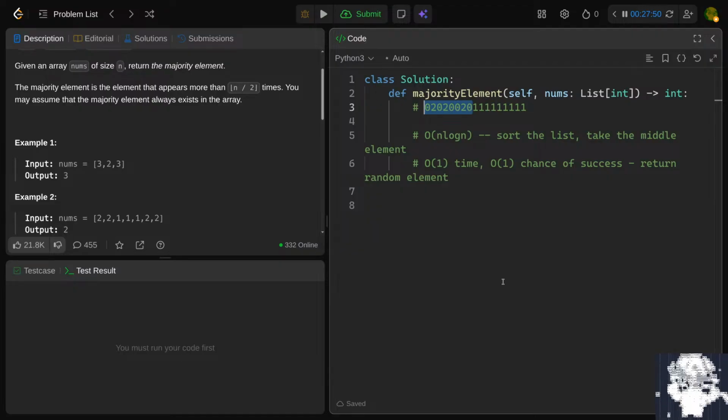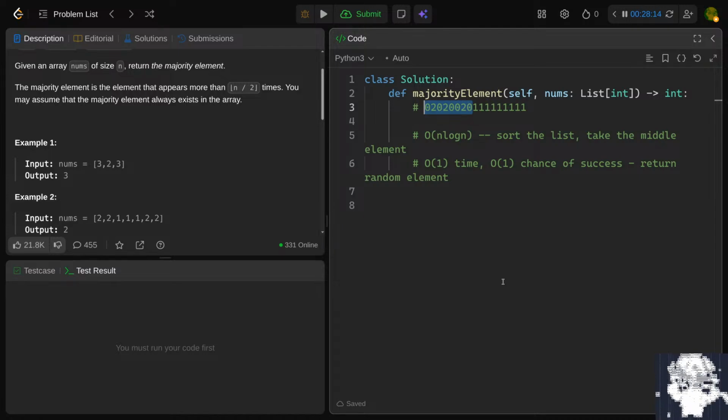Because there can only be 2 candidates, really. One thing is going to show up more than n over 2 times. If there's another candidate that's almost n over 2, then you have to count to figure out which one is the majority.